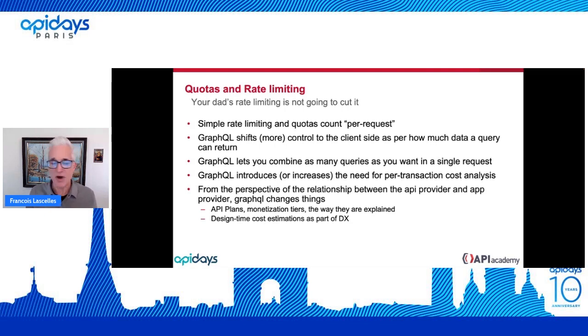There might be monetization tiers associated with it. And so if you're going to start charging differently than per request, you need to explain how that's going to work. You need to make this part of the developer experience. For example, a developer needs to be able to estimate how much a particular query would cost in order to decide whether or not that's the best query to include in their application.